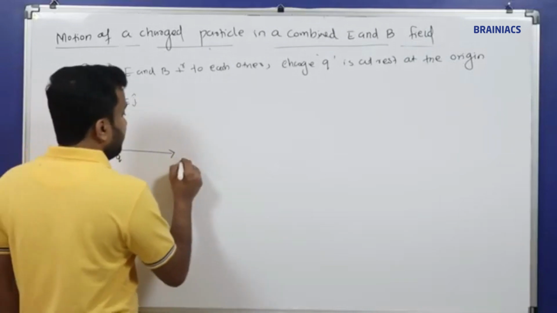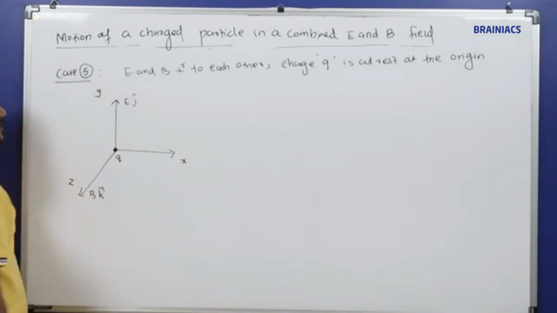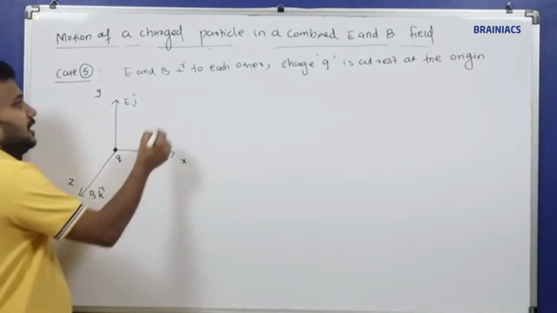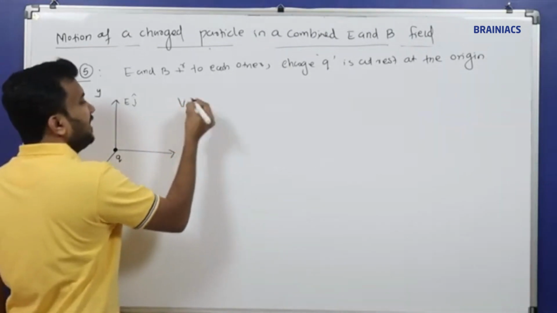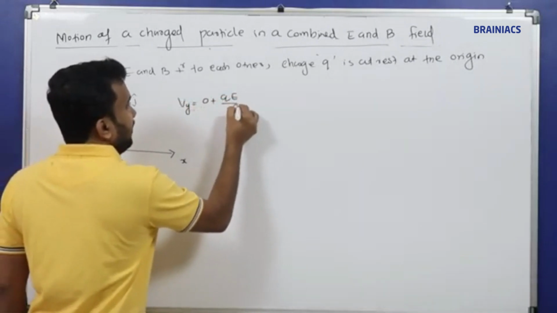This is the X coordinate, this is the Y coordinate, and this is the Z coordinate. If the charge is placed at the center, initially at rest, in what direction will it move? The Y direction. So 0 plus, initially at rest, QE by M into T.